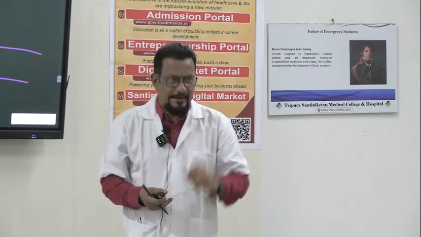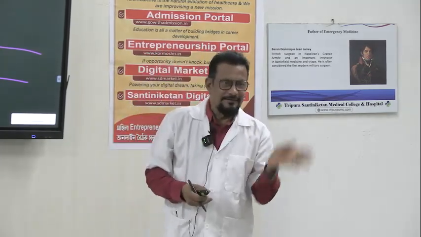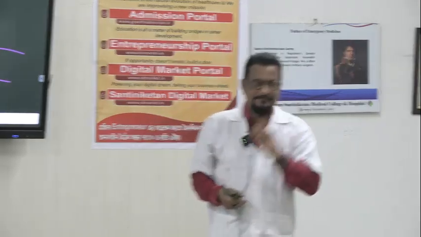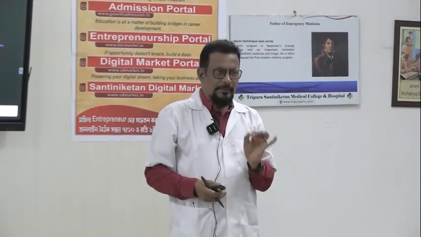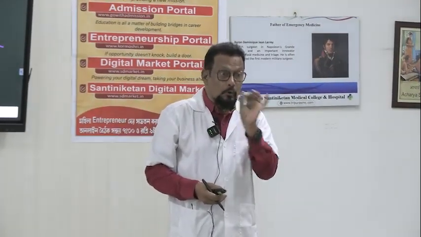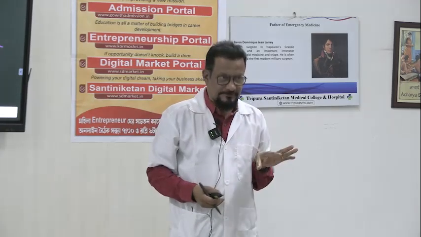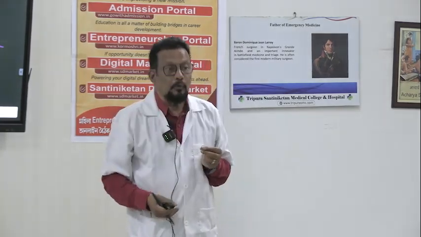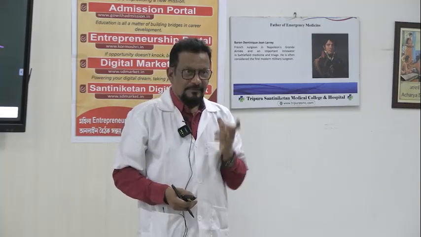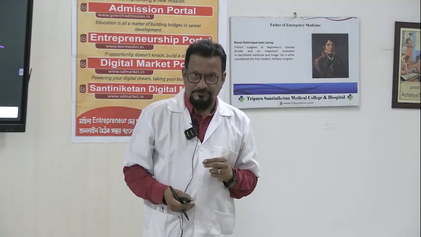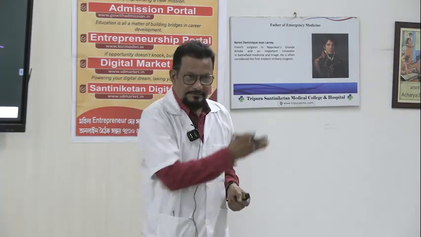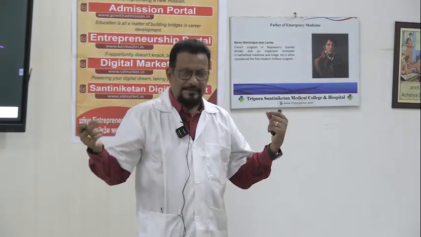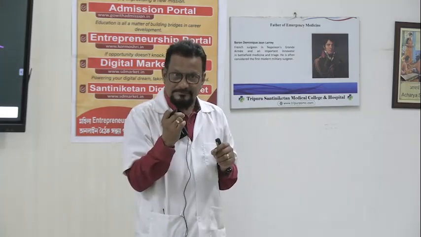So to prevent that, it has to be split. The clot has to be broken into small pieces, and these are called emboli. These emboli we can find when there is intravascular hemorrhage.